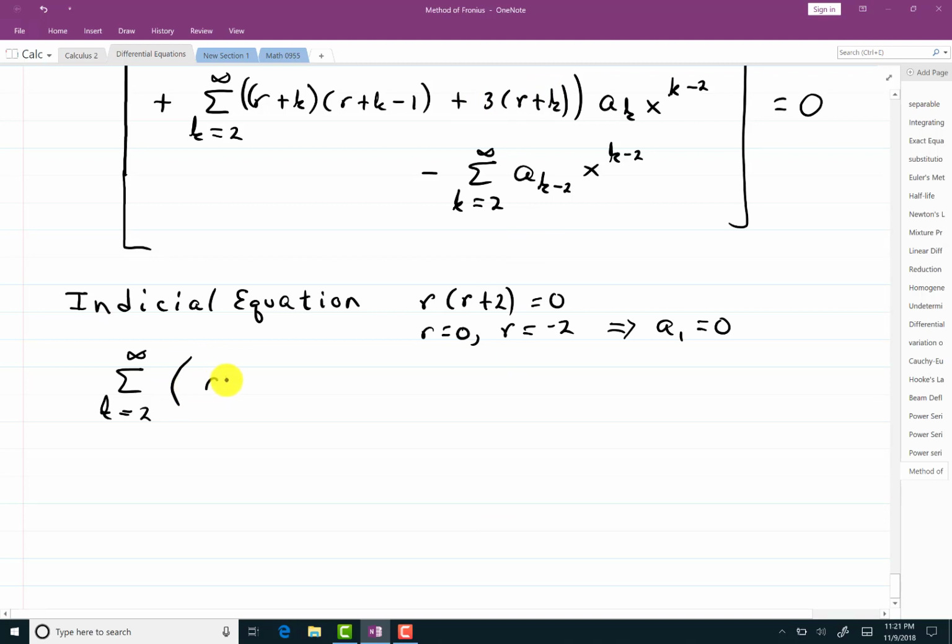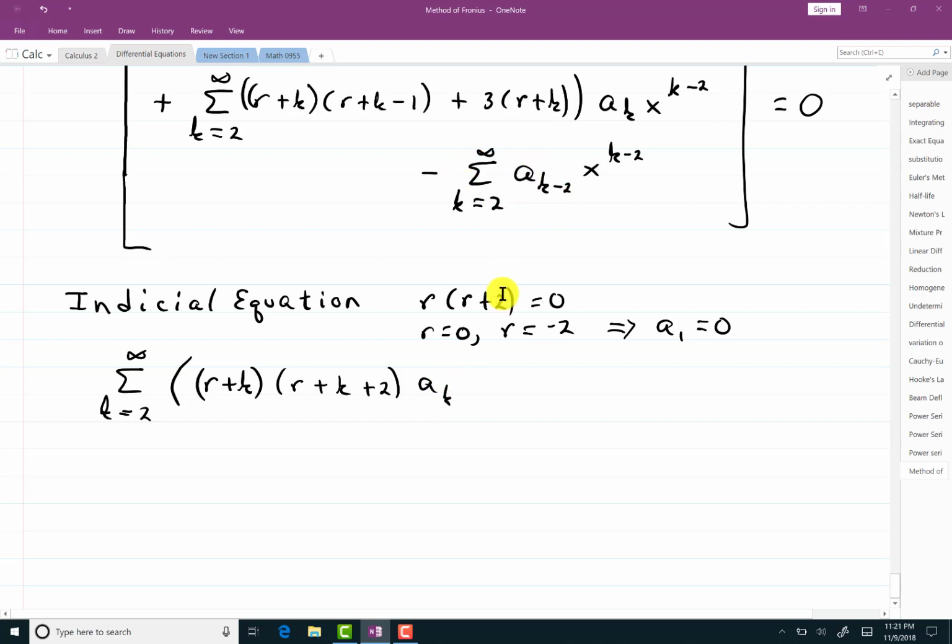So I'll have an r plus k times r plus k minus 1 plus 3. And that'll give me an r plus k plus 2. And then I will have attached to that a sub k.